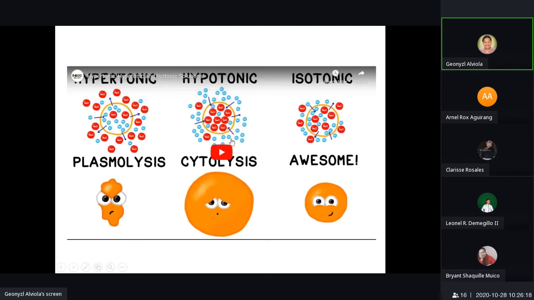Okay. This would happen na ang environment outside the cell mas konti yung number of solute. So makita natin dito NaCl, let's have NaCl as the solute. And blue one is ito yung mga tubig molecule, water molecules. What will happen? Anong behavior ni water?